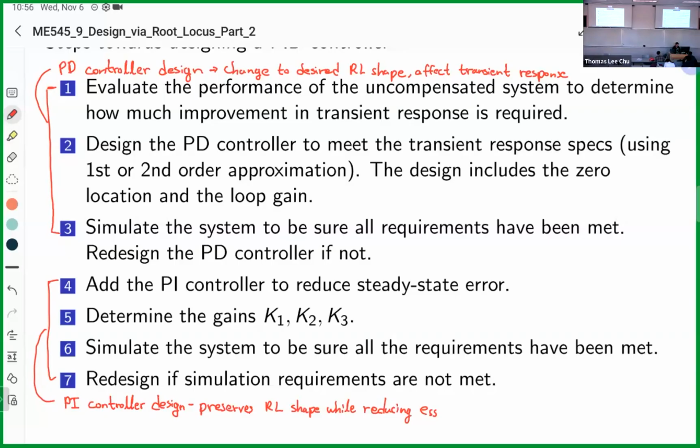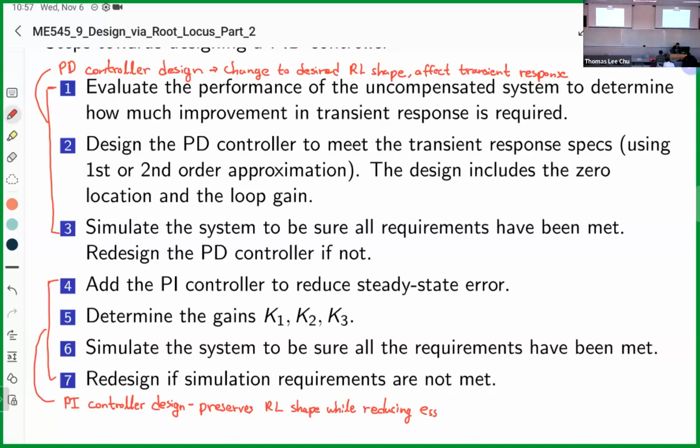So basically, the first three steps are to design your PD controller using second order approximation. And then you do a simulation to make sure that your transient response design requirements have been met. Then once you do that, you can add the PI controller to reduce steady state error.